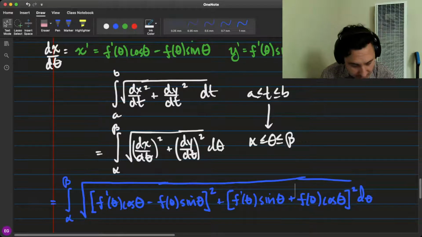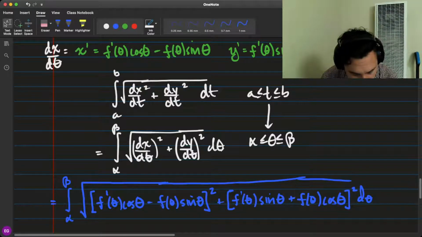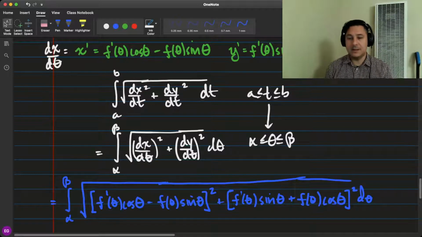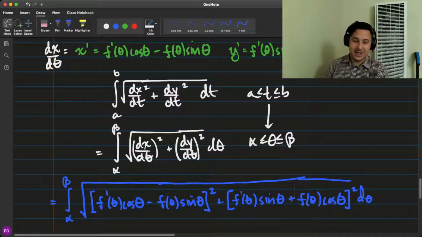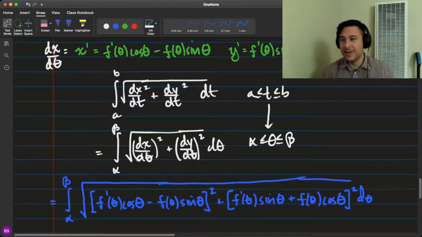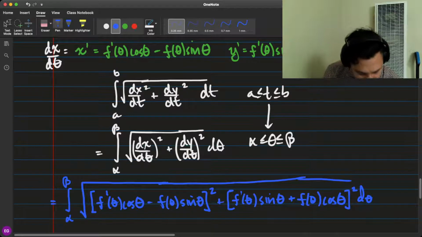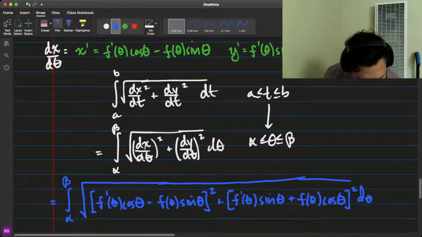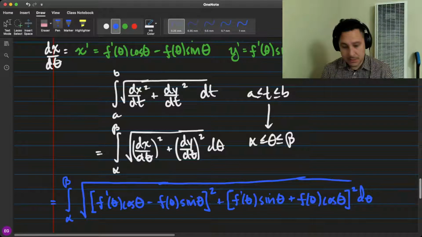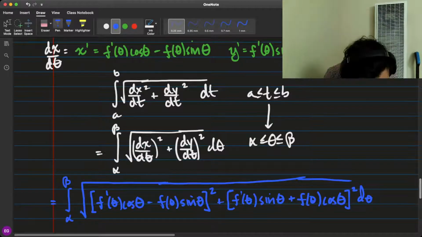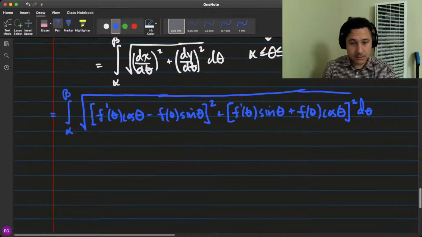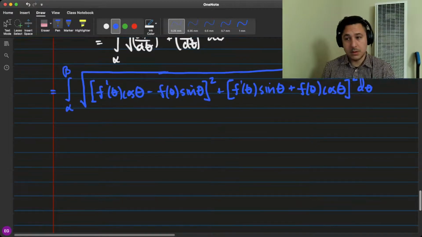Okay, now I know that this looks really ugly and really bad. You're looking at this, you're like, oh my god, this is like a horrible formula, but actually it's gonna simplify and become pretty good. So let's go through and look at what's gonna happen with this. Okay, so let's do the simplifying.